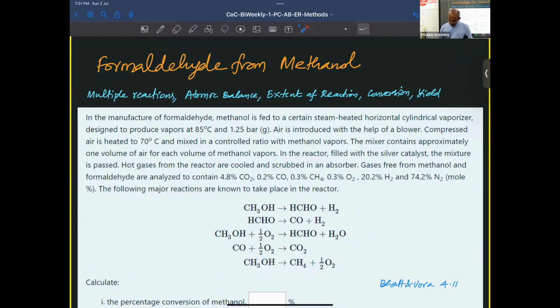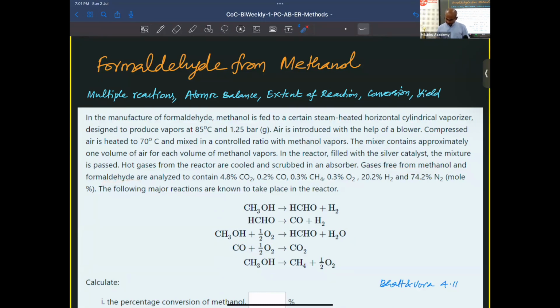The hot gases from the reactor, of course, it is going to a reactor. We are getting gaseous components from the reactor, which are cooled and scrubbed in an absorber. So the process is first cooling and then scrubbing in an absorber. The gases free from methanol and formaldehyde.